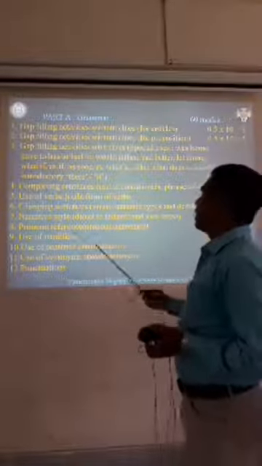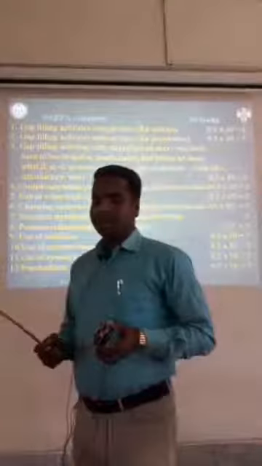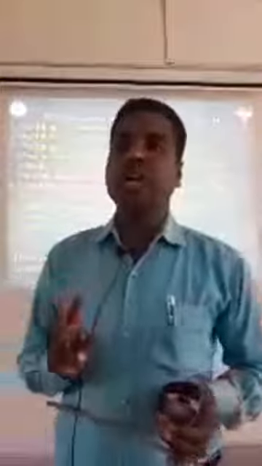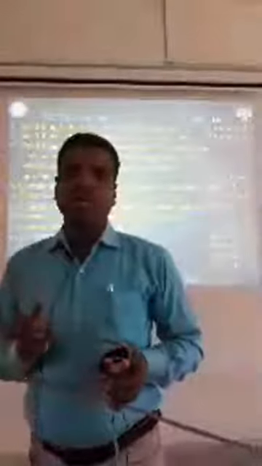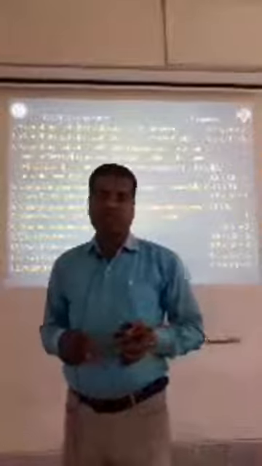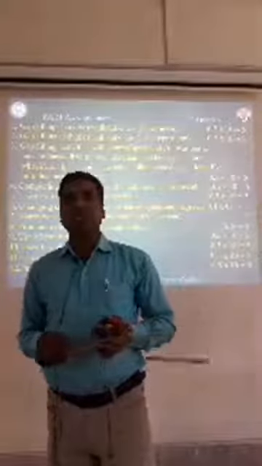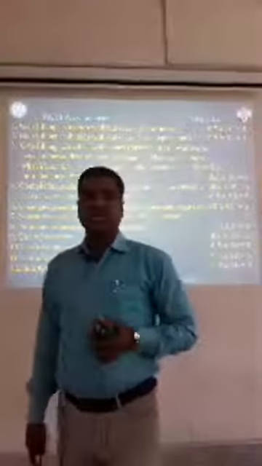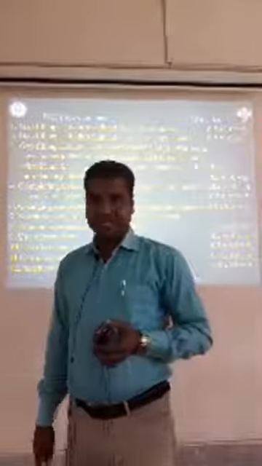The second paper is divided into two parts, part 1 and part 2. In part 1, you will get grammar, that means 60 marks of grammatical topics, and in the 60 marks you will get 12 topics.